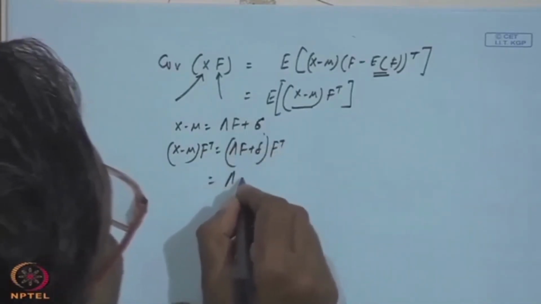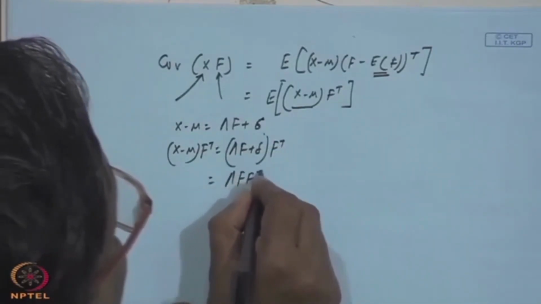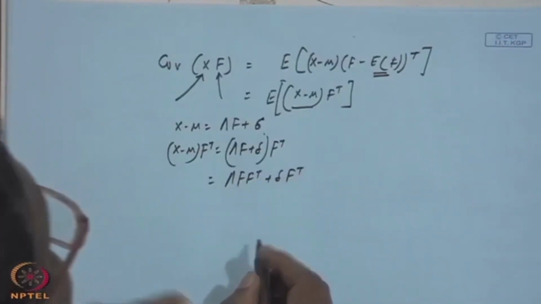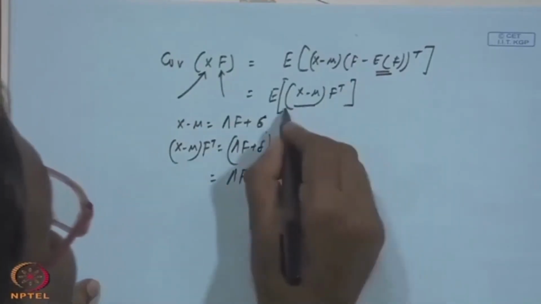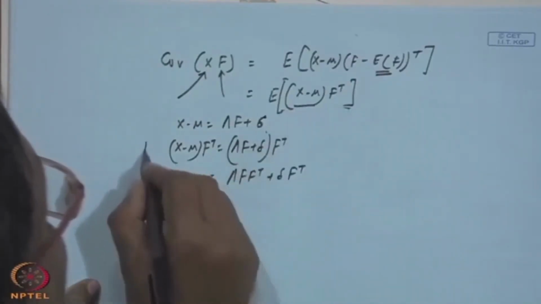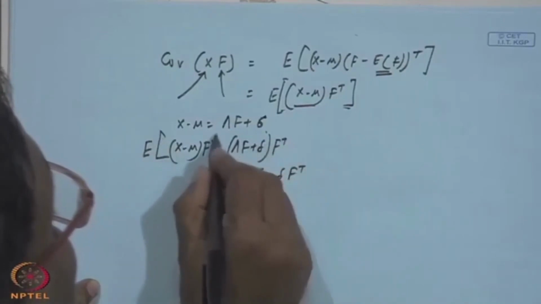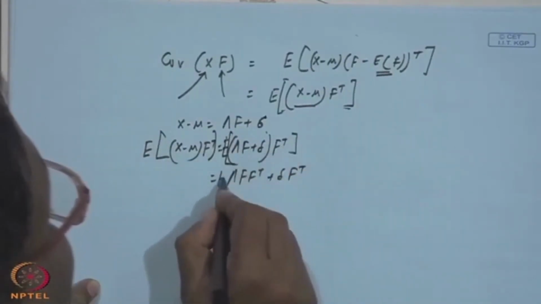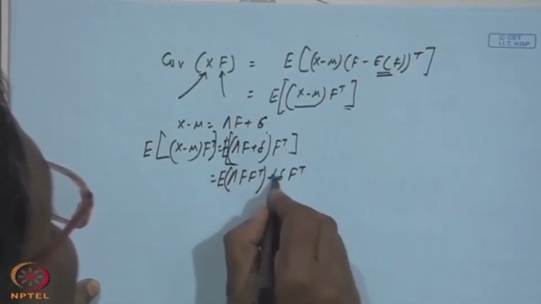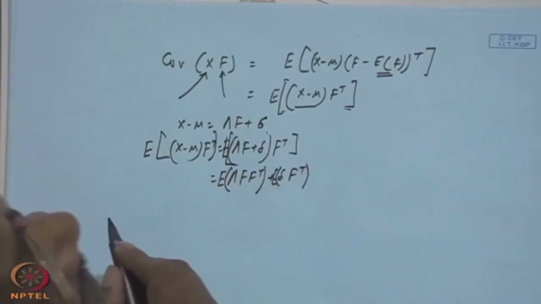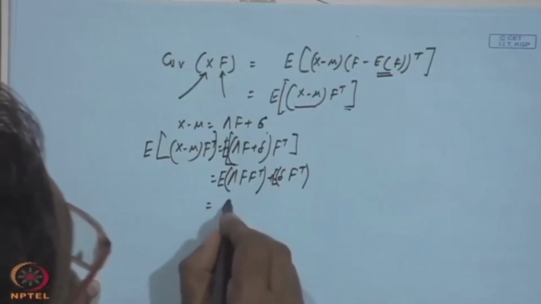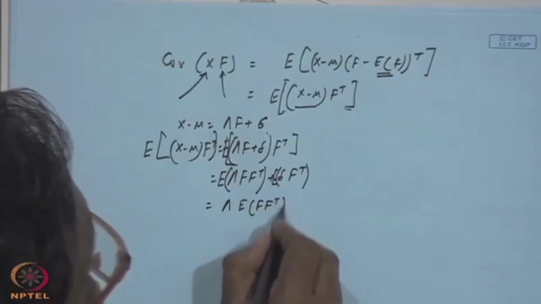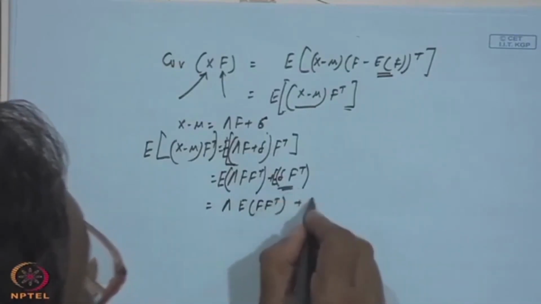Now, if I take expected value of all those things, lambda will come out, expected value of F F transpose plus this one will be 0.